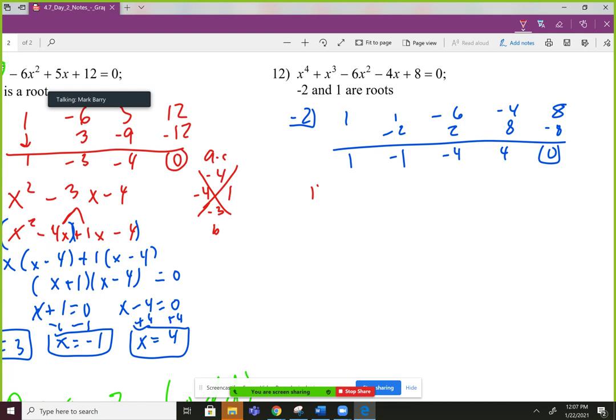So I can take 1, and I can just do it to the leftovers. I can bring the leftovers down and just go for another round here. Don't go back to the original. Bring it down as the leftovers, okay? So I'll bring this down as 1, 1, 0, 0, -4, -4, and 0.